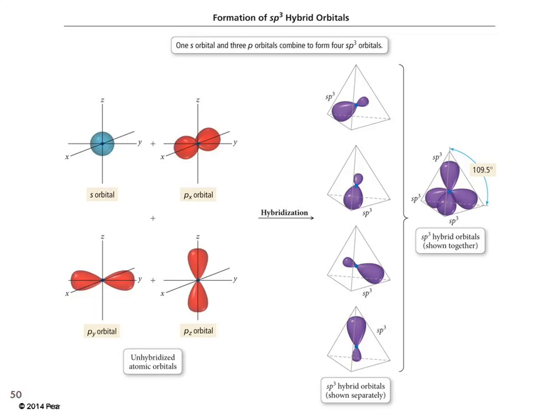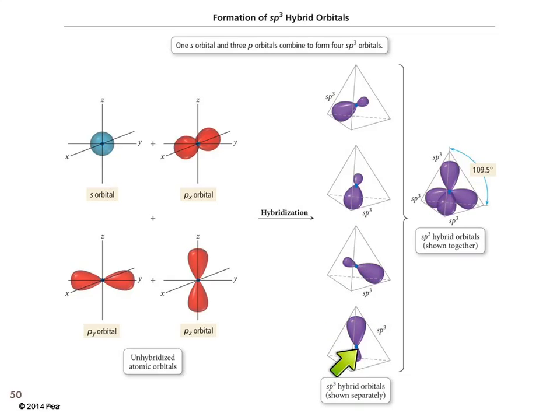They're all the same shape. And they're going to be oriented in space to give each other as much room as possible. There's 4 of them. How do 4 things spread out in 3-dimensional space? What shape? We learned on Tuesday. Tetrahedron, right? So these are going to point to the corners of a tetrahedron, 1 to each corner.